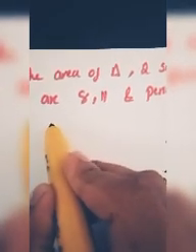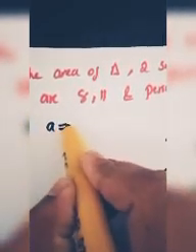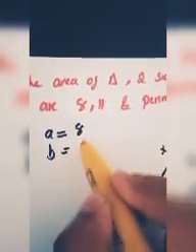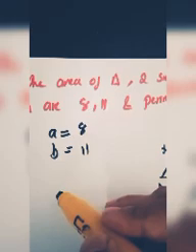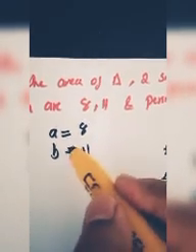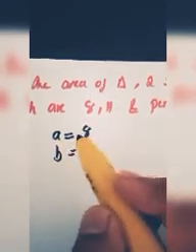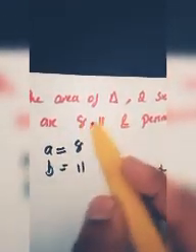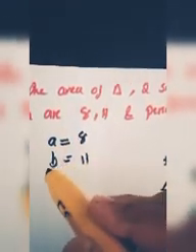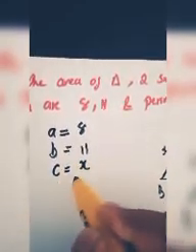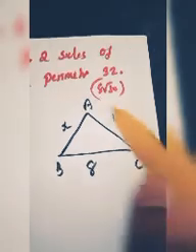We mentioned three sides as A, B, C, so in A, B, C, A and B are given as 8 centimeter and 11 centimeter. What does ABC represent in Heron's formula? ABC represents sides, no? If you consider A, B, C are sides, then two sides are given. That means A is given and B is given. C is not given, isn't it? So let's assume C as X, as I marked in the figure.